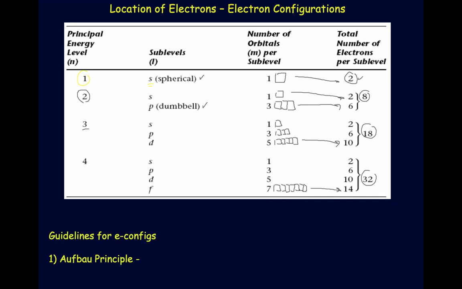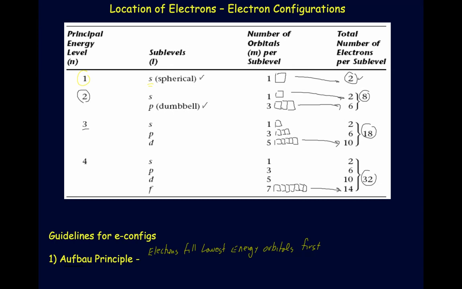And again, there's a number of scientists that worked on this, and I just want to make sure that you know basically the rules that we've been following and where those rules come from. So basically, the Aufbau principle really is: electrons fill the lowest energy orbitals first.